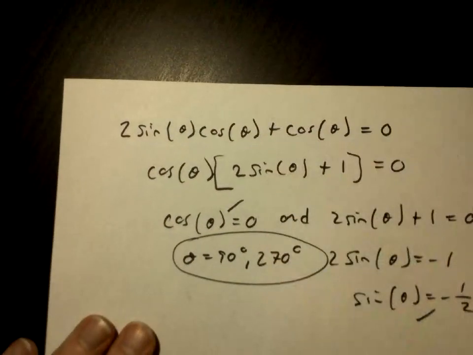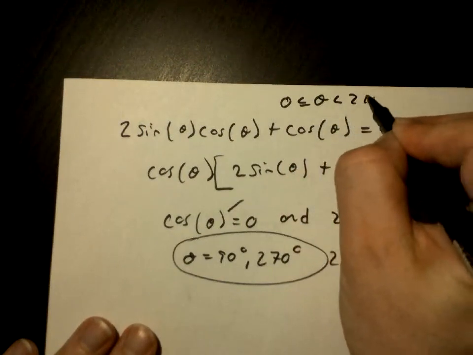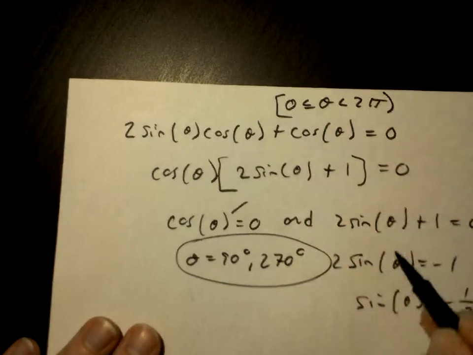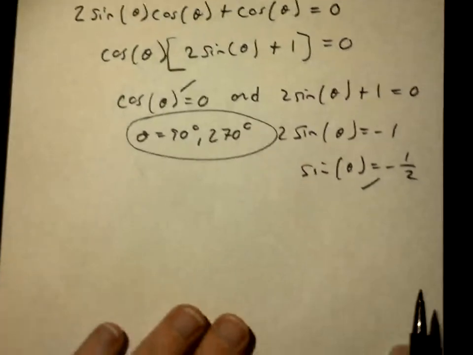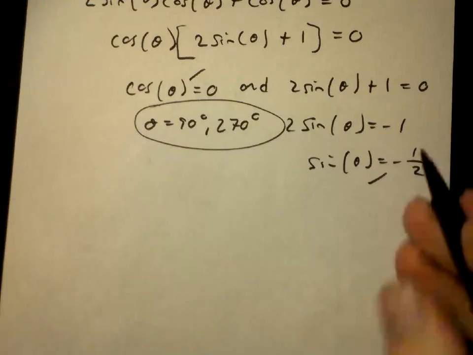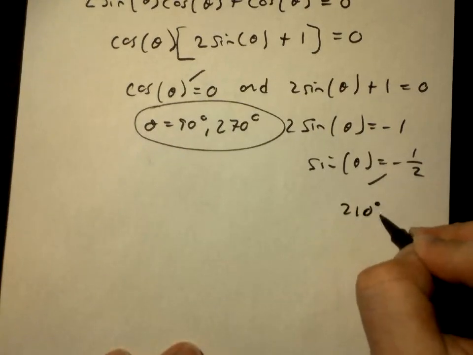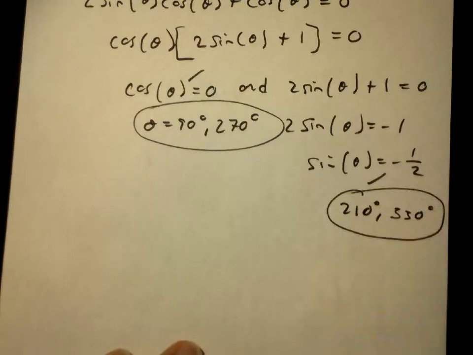And I guess maybe I should put a restriction on here. So let theta be between 0 to 2 pi. So there's your restriction. This one, I do believe -1/2. That is 210 degrees and 330 degrees.